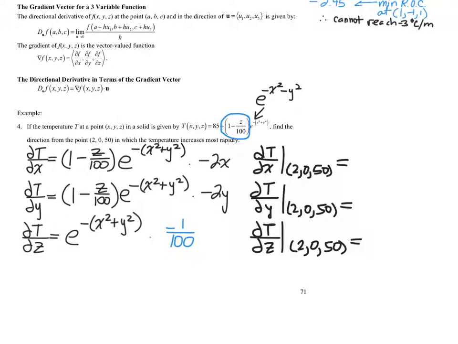So you figure it out once, you've figured it out for all three cases. The x and y values are 2 and 0. So if I plug in there, it's going to be -4. So e to the -4th power in each case.